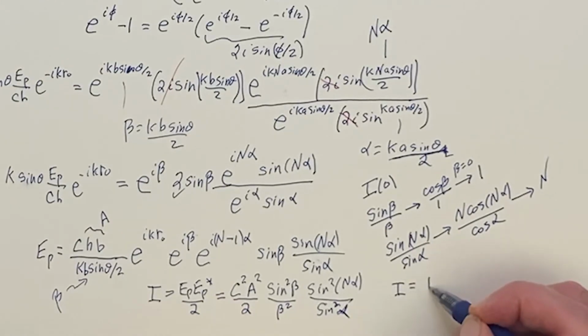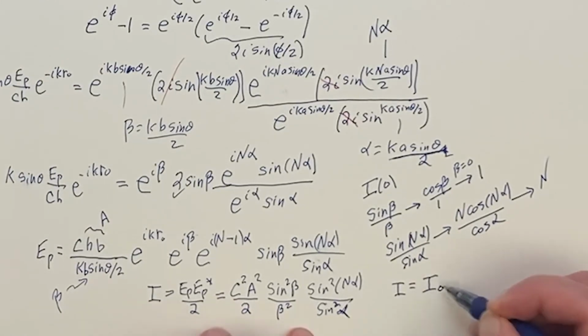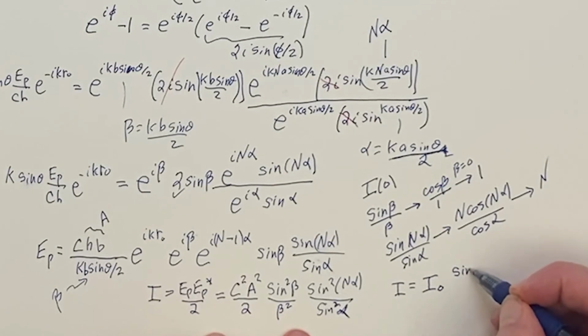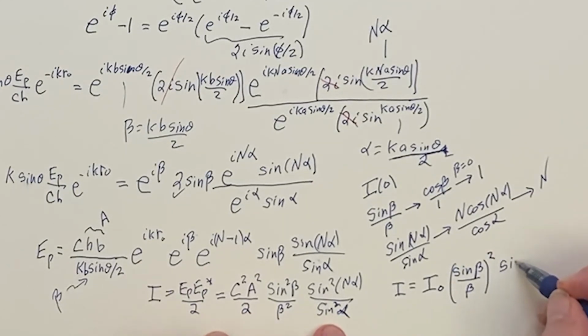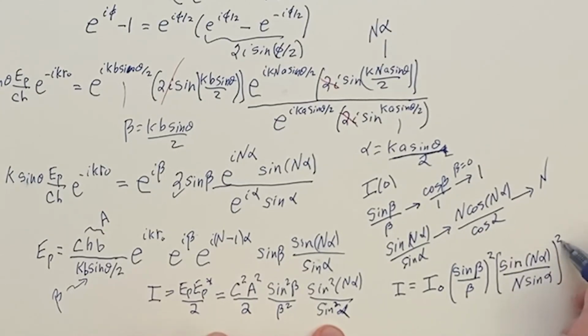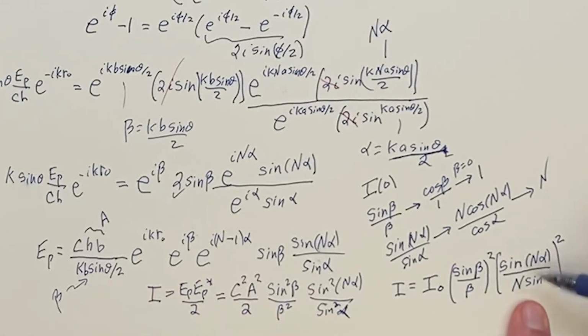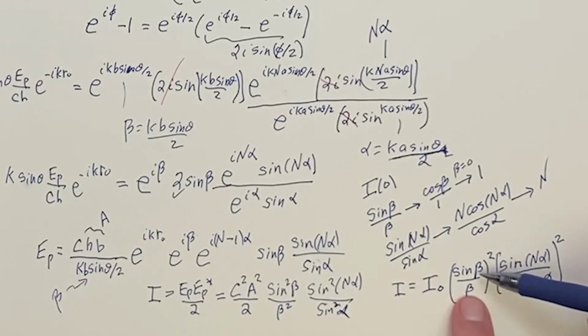I will be equal to I naught if we do this trick. Then sine beta over beta, keep that the same. That's the diffraction coming from the individual slits. And then have sine of n alpha over n sine of alpha, and square that. Now here, when beta is 0, when theta is 0, beta will be 0.